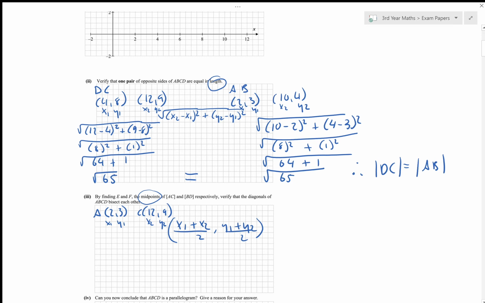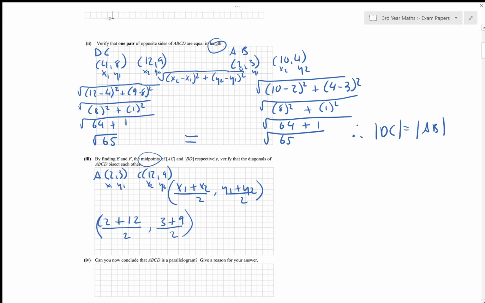So x1 is 2 plus x2 is 12 all over 2, comma, y1 is 3 plus y2 is 9 all over 2. So then we can see 2 and 12 is 14 over 2, 3 and 9 is 12 over 2.